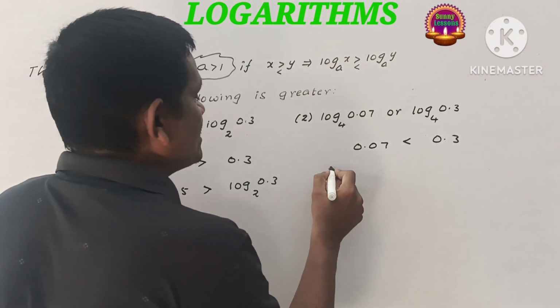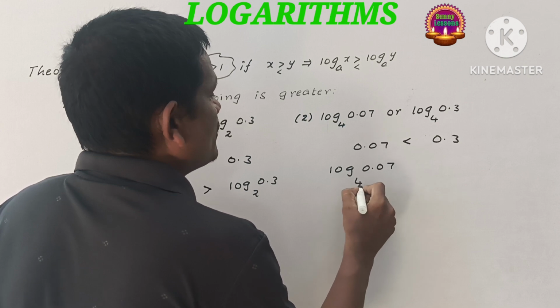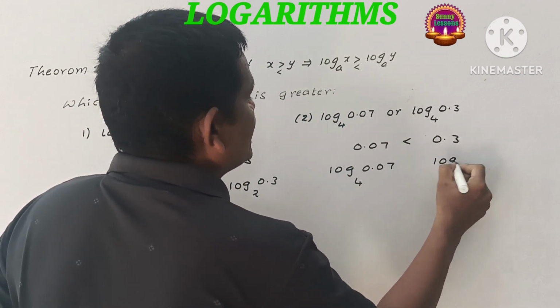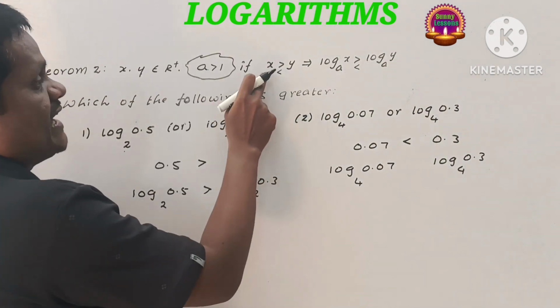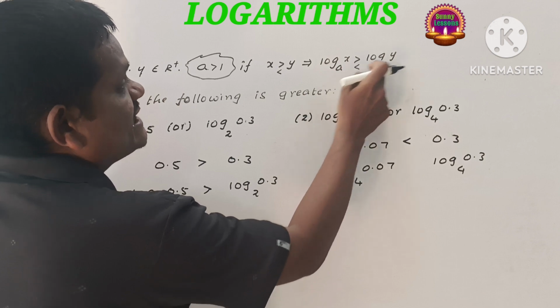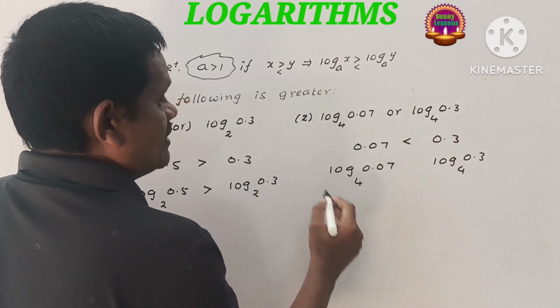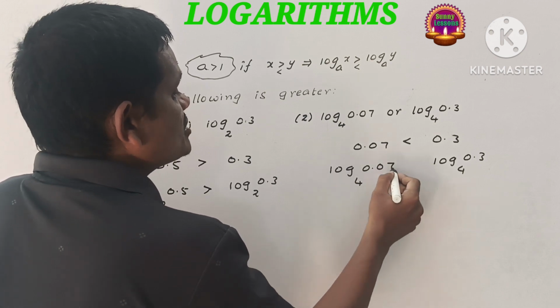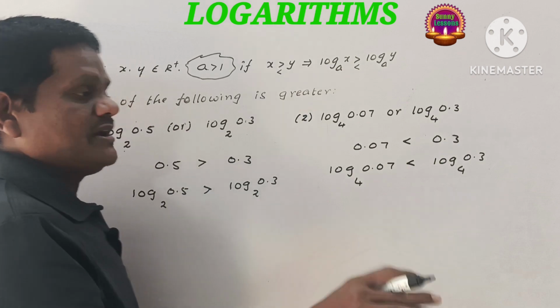If we apply log on both sides, log 0.07 base 4 and log 0.3 base 4. According to the theorem, if x is less than y, then log x base a is less than log y base a. Here a is greater than 1, so log 0.07 base 4 is less than log 0.3 base 4.